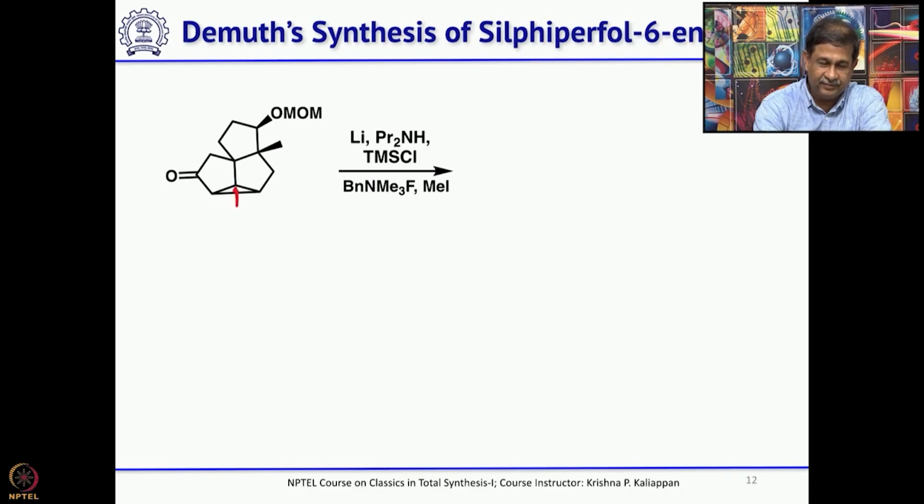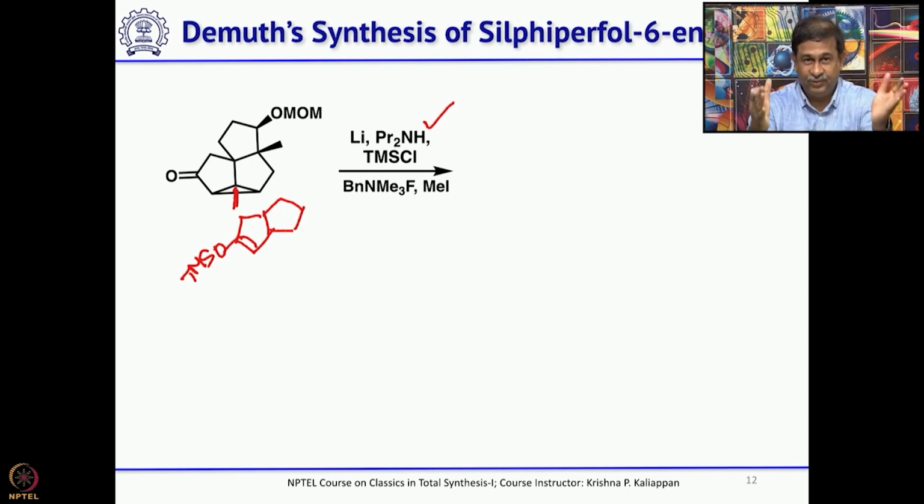This cyclopropane will be cleaved, and then it will form the corresponding enol TMS ether. Okay, because you are using lithium and quenching with TMS chloride, that enolate, once it is generated, you trap with the corresponding TMS chloride. Once you have that, that is the first step, and in the second step, the enol TMS ether can be cleaved with any fluoride source. So, that is what they have done.